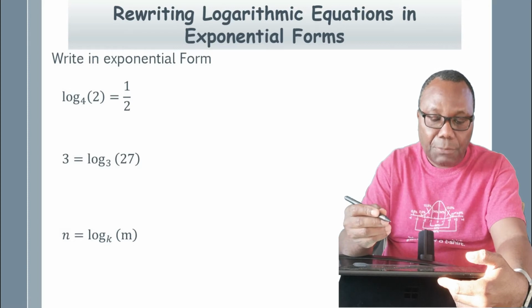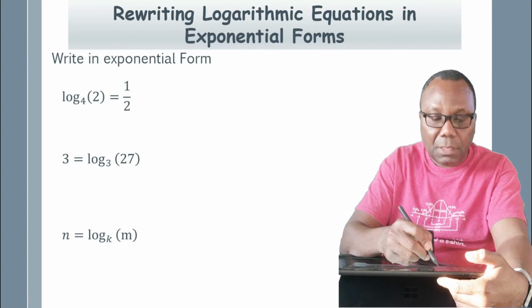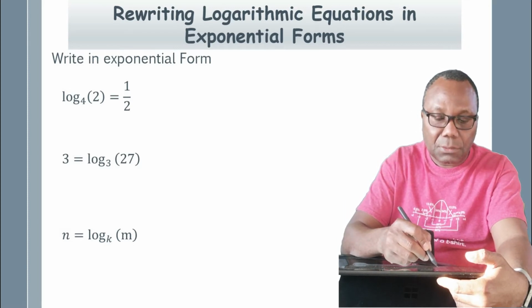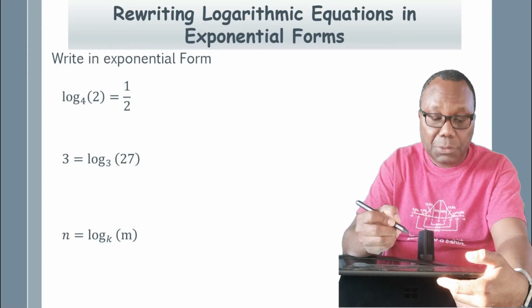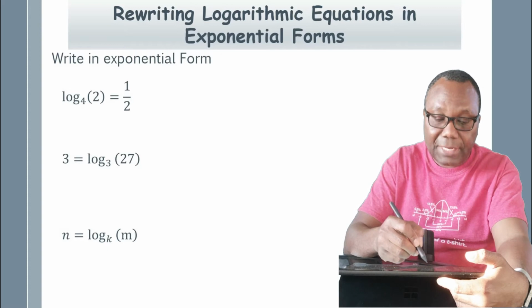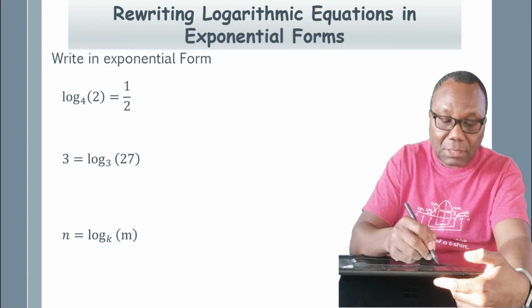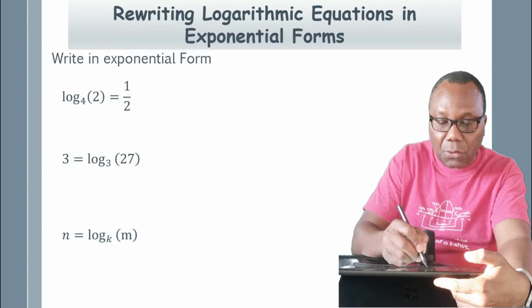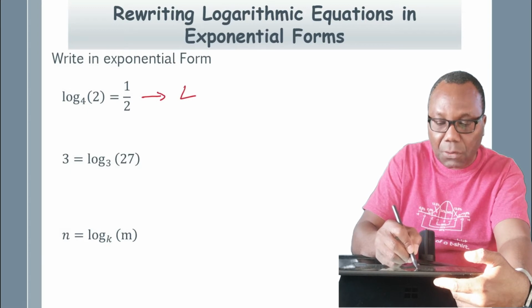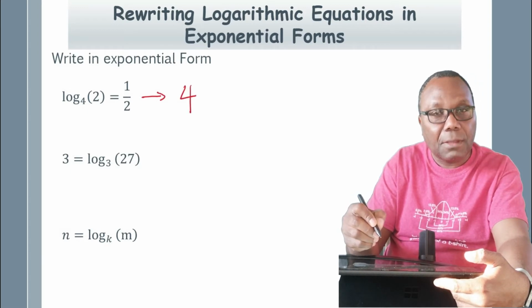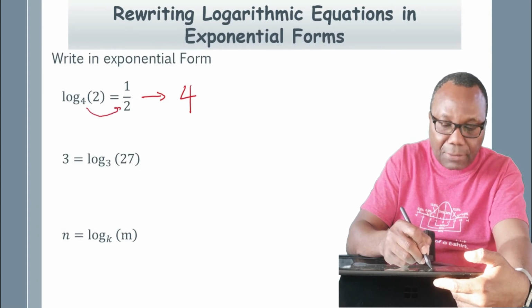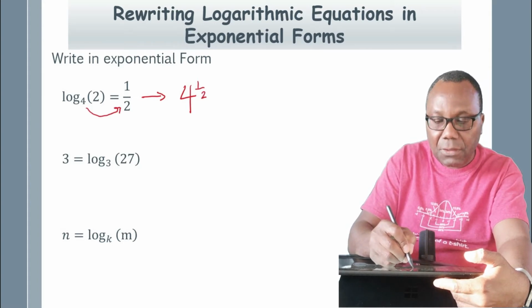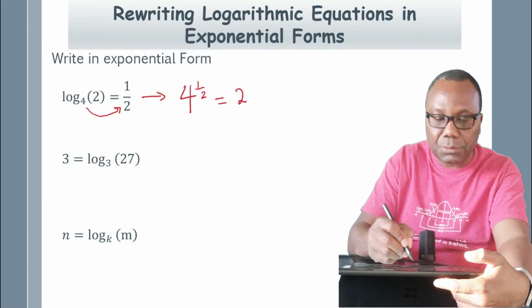We know that logarithm to base 4 of 2 is 1/2. What we'll do is write an expression with a base of 4. This becomes 4 to what power? 4 to the power of 1/2 will give me 2.